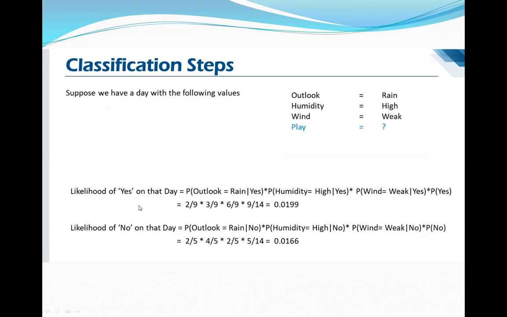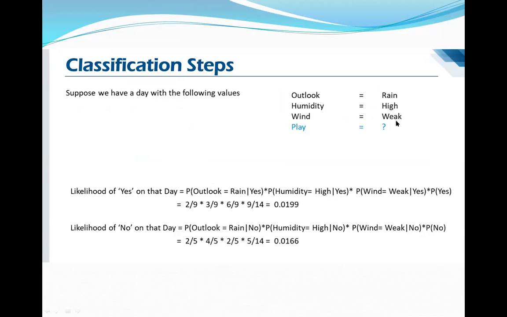This is similar to your Bayes formula, right? Probability of A given B. Here it is the probability that the player is going to play, yes, for the given three conditions: rain, high, weak.